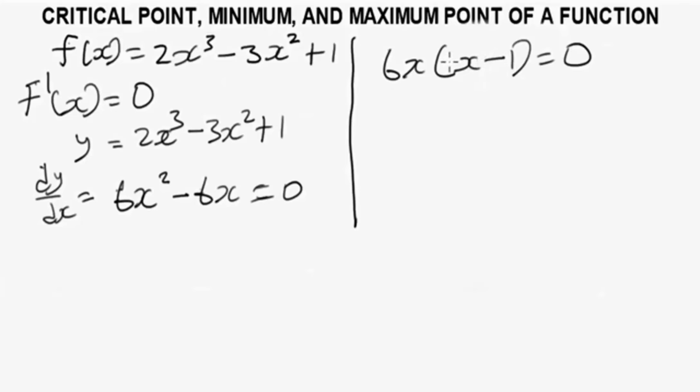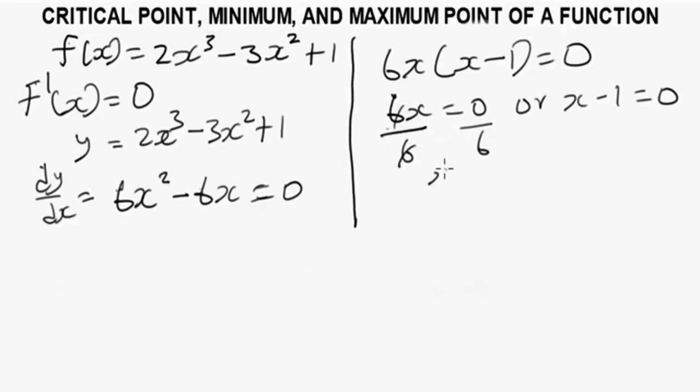So that means we are going to have two answers for the value of x. When you equate them to 0, you are going to have 6x equals 0 or x minus 1 equals 0. When you divide both sides by 6, x will be 0, because when 0 divides a number, it gives you 0.